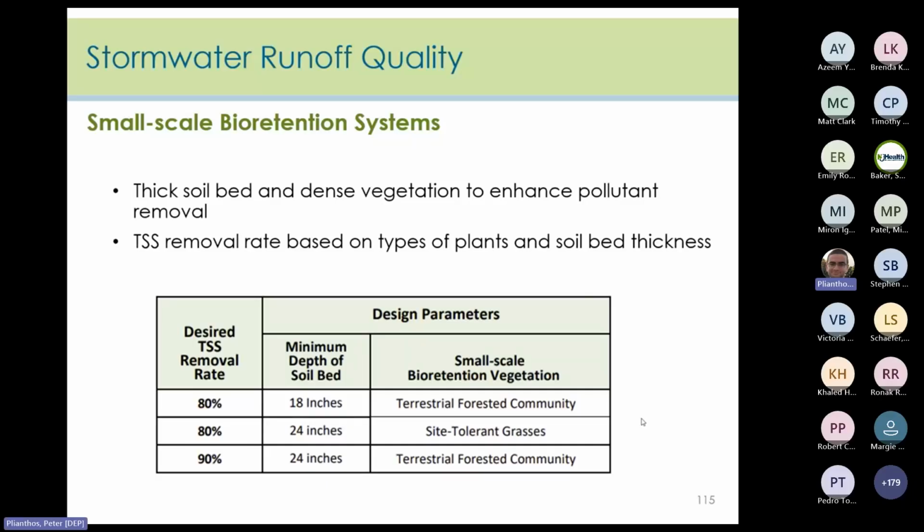And it makes sense that a terrestrial forested community, also known as trees, provides more TSS removal than site-tolerant grasses, also known as shrubs and perennials. So you, as the reviewer, need to make sure that the chosen TSS removal rate lines up with their BMP cross-section and landscape plan.